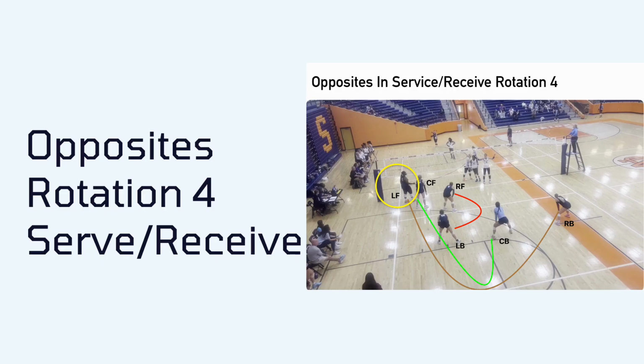So we have 2 of our 3 back row players. And if we can identify either our right front or our left back as being a front or back row player because of observation when this team was serving, then we should be able to easily identify our left back as the remaining back row player for this particular rally.